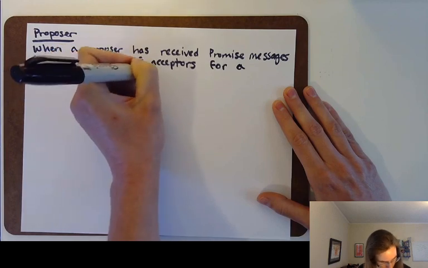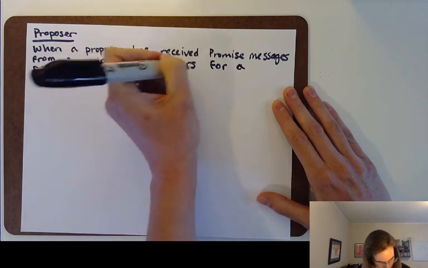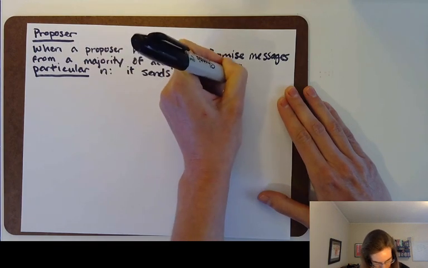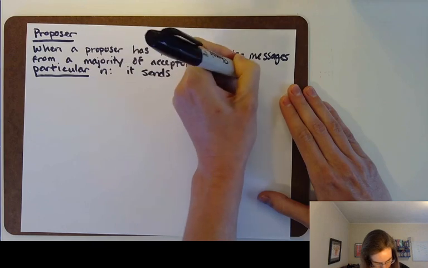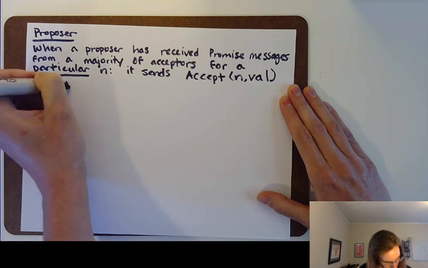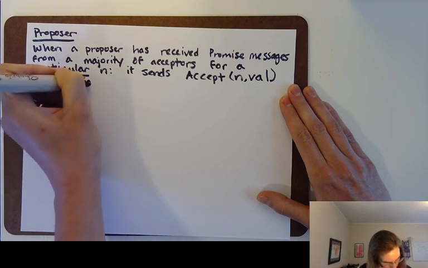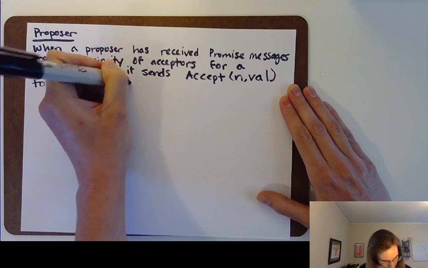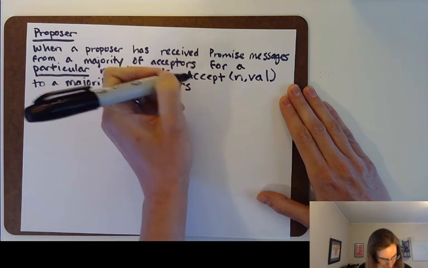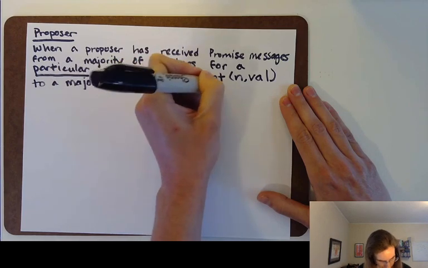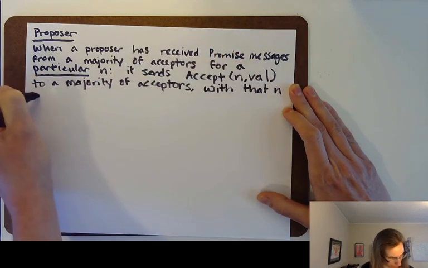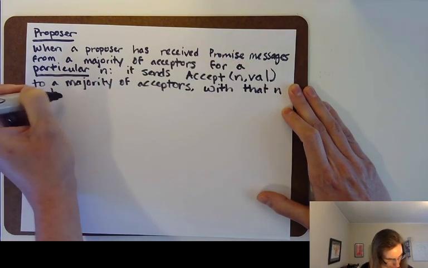it sends an accept message to a majority of acceptors with that n, and where val is the value that it wants to propose.